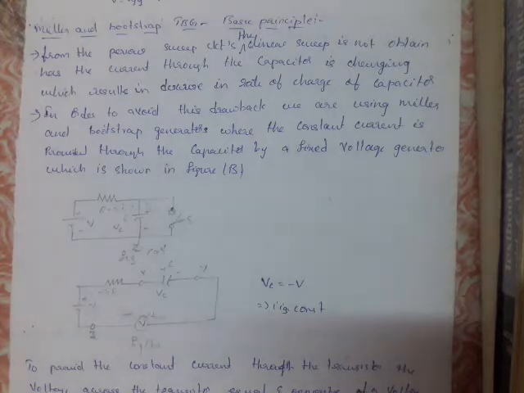Why am I changing the capacitor from parallel to series connection? To avoid some of the errors, or to avoid some of the discharging present in the capacitor. That is the main thing.